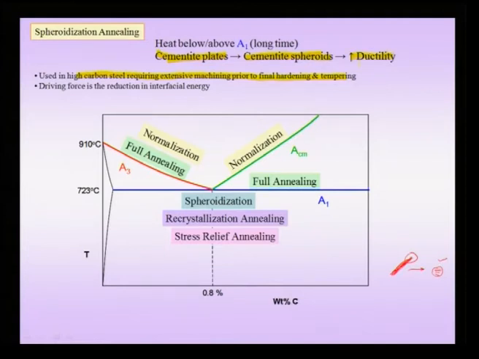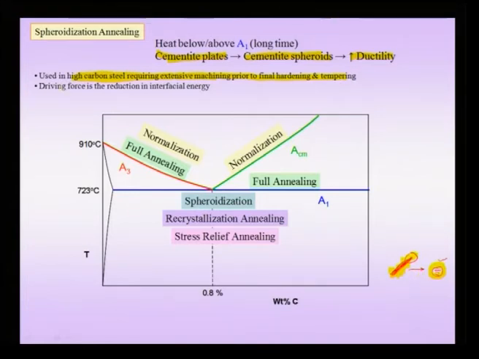As I pointed out, this is typically done in high carbon steels requiring extensive machining prior to final hardening and tempering. The reduction in surface energy, or interface energy, is responsible for this, because if you look at a plate, the interface area per unit volume, which also translates into interface energy per unit volume, is larger as compared to that for a sphere, which has the least interface energy per unit volume of the material.